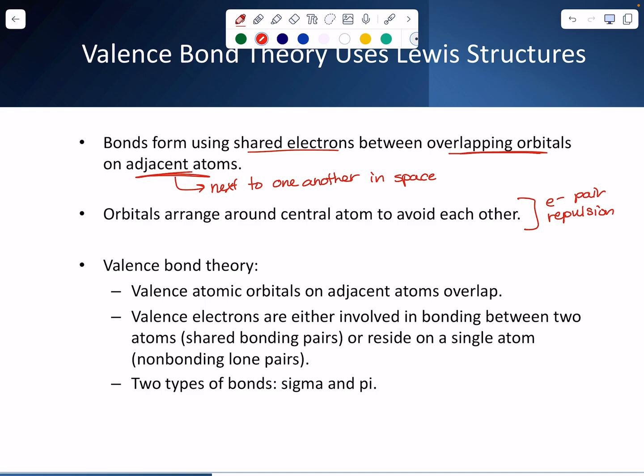So we actually have two bonding theories. The first is called valence bond theory. This is the one we're going to talk about. Another bonding theory, the more sophisticated one, is called molecular orbital theory.